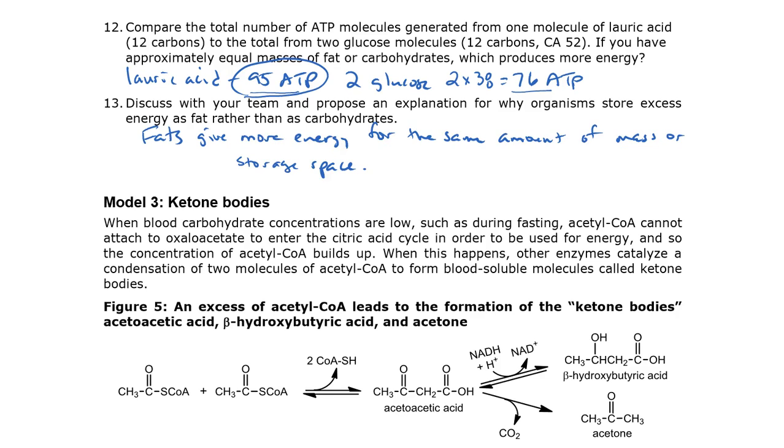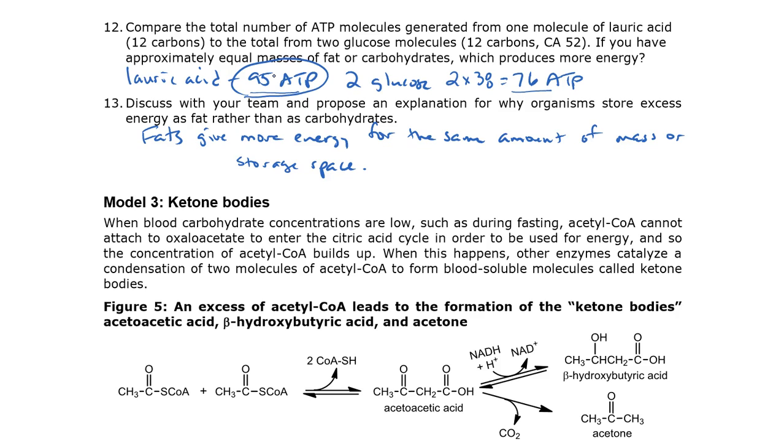So I think this is the most straightforward answer. In the same amount of mass and space, you can store more energy in fat because it takes up less space and has more ATP. There are other reasons. Fats are hydrophobic.